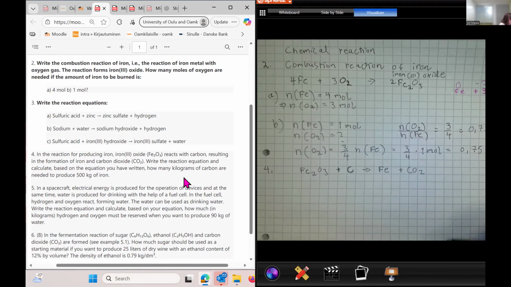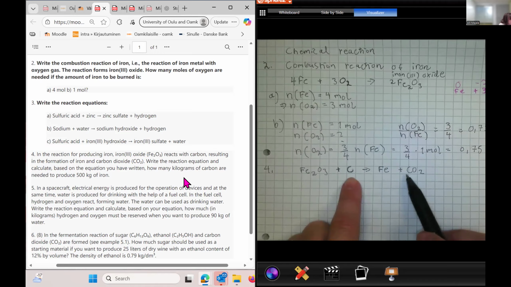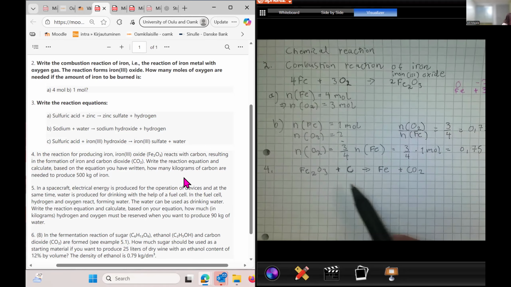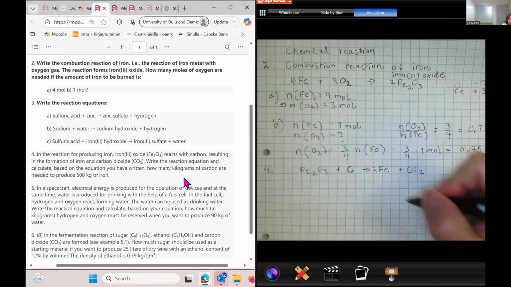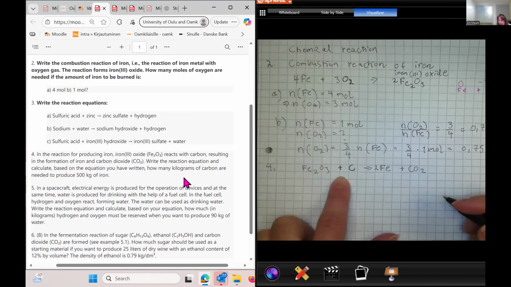And now I have to balance this again. So the C's seem to be fine, but the irons no. And then there's still the oxygen, which is here 2 and here 3. If I put here 2, then I get the irons balanced, but then I have a problem again with the oxygen.